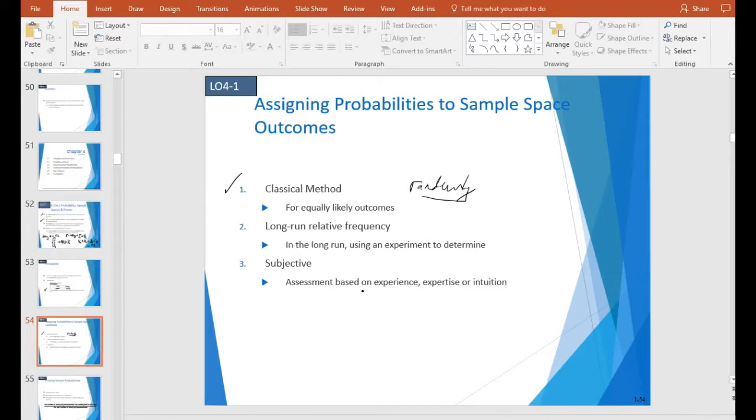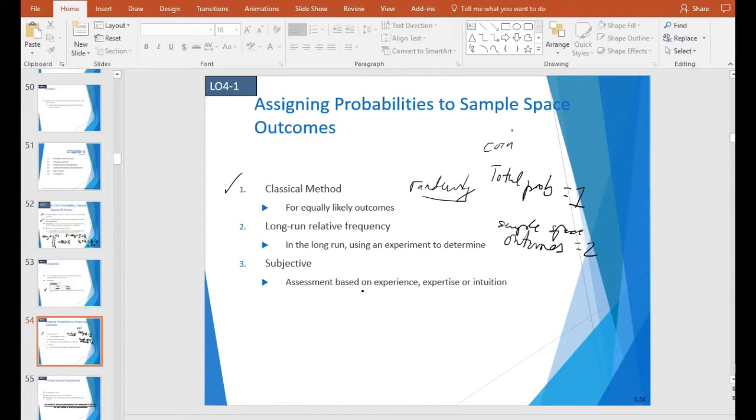Classical method is just assigning the number of sample space outcomes. So for flipping a coin, it would be 2, and then just dividing the total probability of 1 by that number of sample space outcomes. So for a coin toss, we know that the total probability is equal to 1, and sample space outcomes equal to 2.